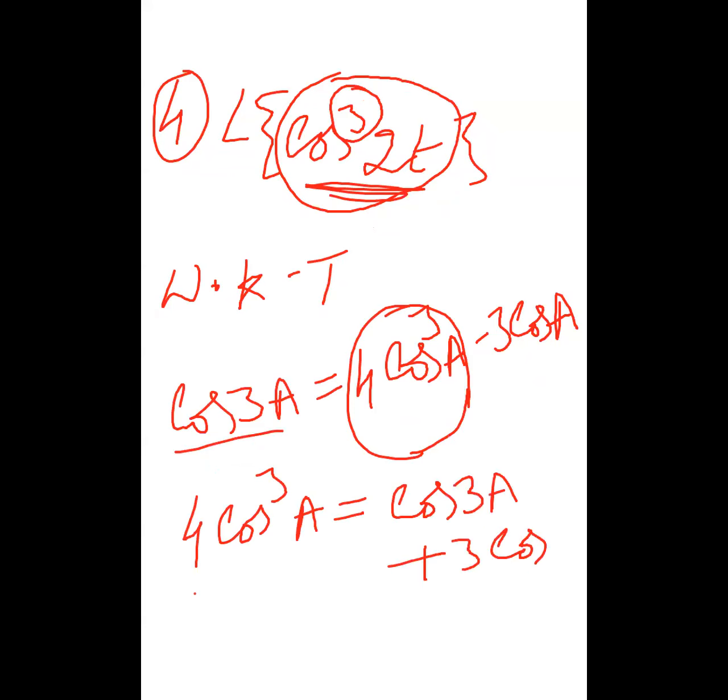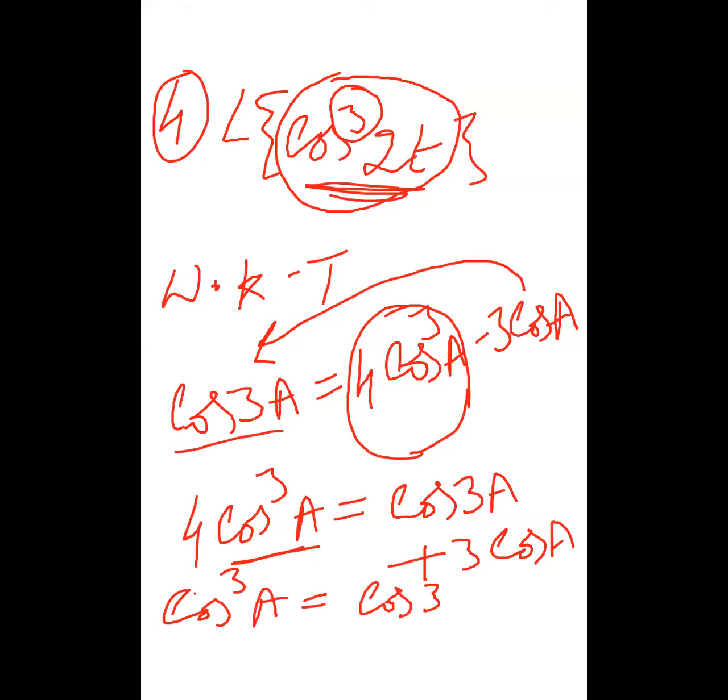We know that 4 cos cube a equals cos 3a plus 3 cos a, but we need cos cube a. So divide by 4 on both sides. We get the formula: cos 3a plus 3 cos a by 4.